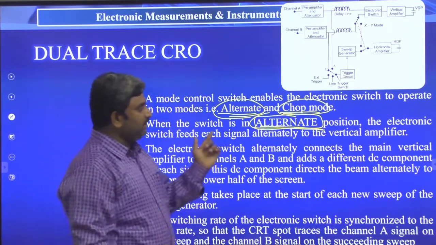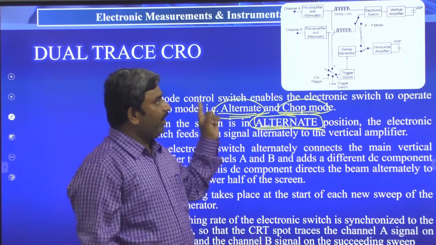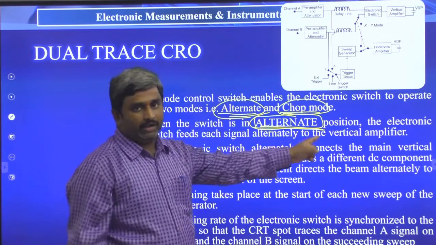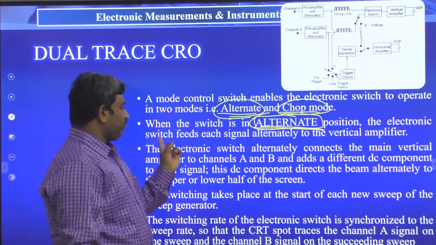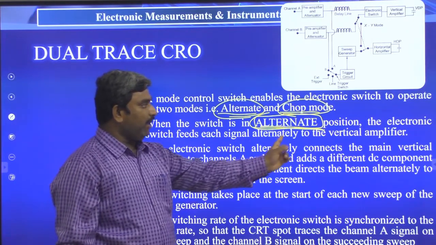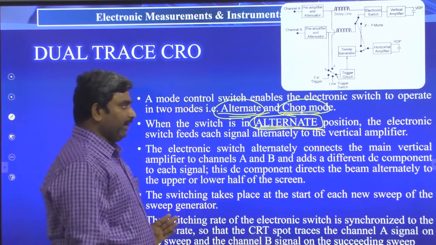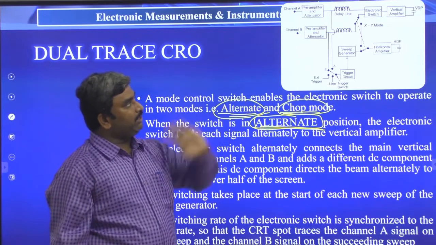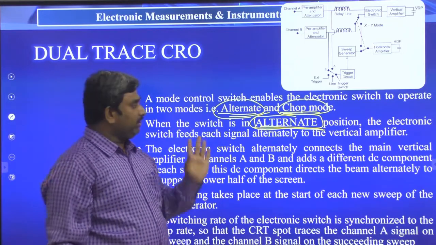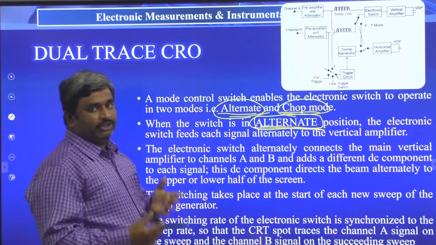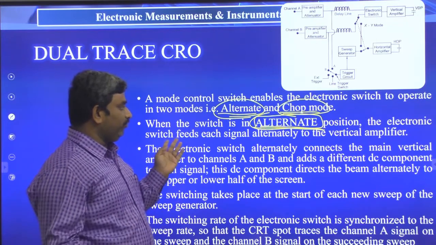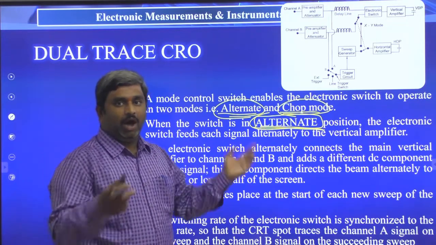When the special switch is in the alternate position, the electronic switch feeds each signal alternately to the vertical amplifier. So for the same vertical amplifier, channel 1 information and channel 2 information are fed alternately.